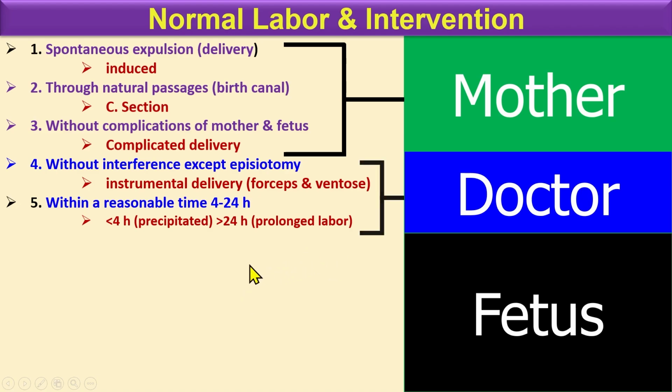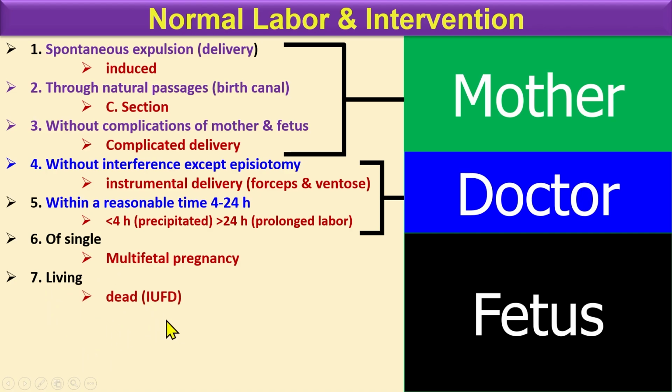Now if you look at the fetus, in the normal case it's one. The intervention is a multiple fetal pregnancy, meaning more than one. The fetus should be alive, otherwise the problem is intrauterine fetal death. A mature fetus is considered between 36 and 42 weeks.